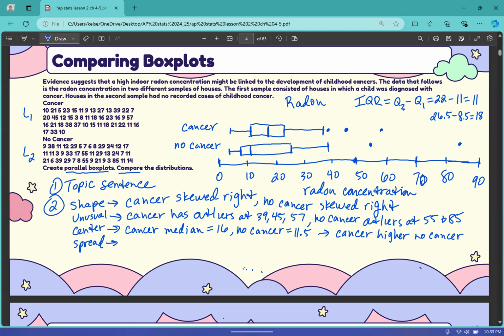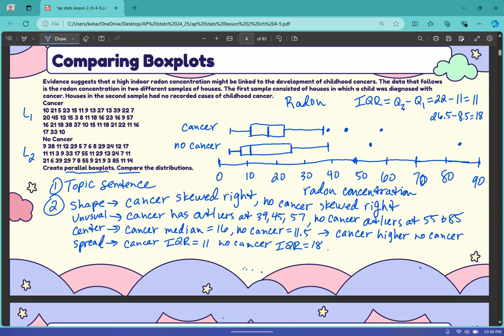So now just looking at those IQRs, you can see the spread of the data comparatively. We say cancer IQR was 11, no cancer IQR is 18. That's basically what you're going to comment on.